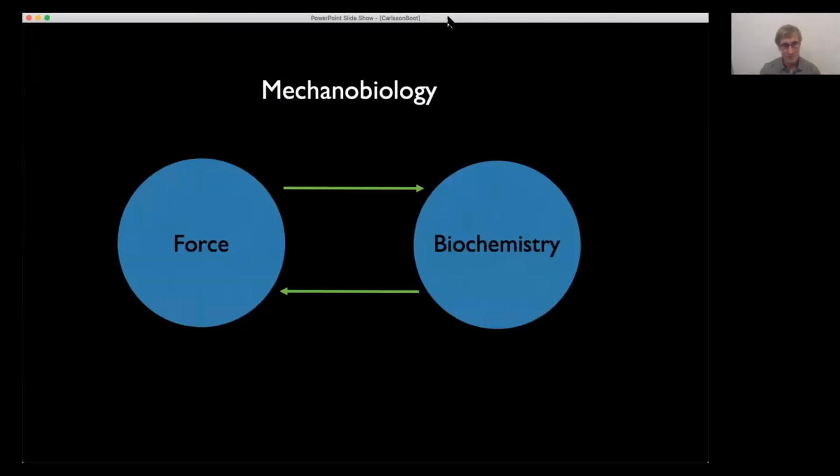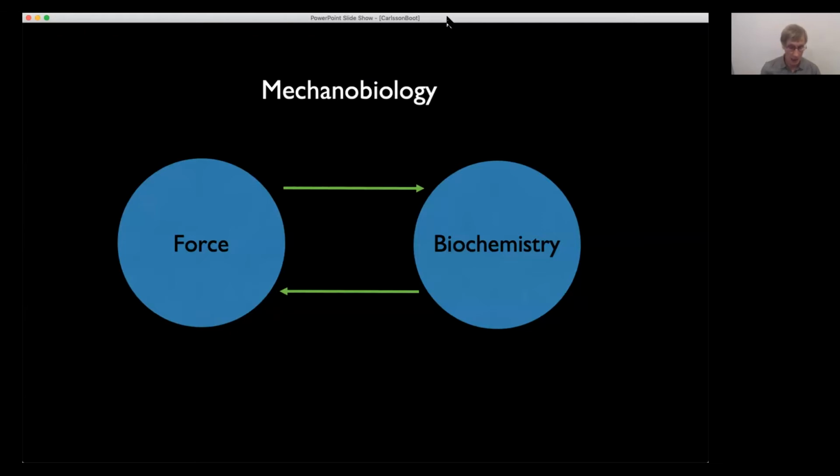Now, before we start in on the measurements of forces, let me first give a big picture of mechanobiology. To me, mechanobiology is the interaction between force and chemistry. So force influences chemistry.